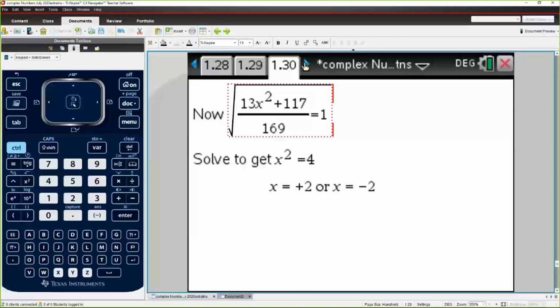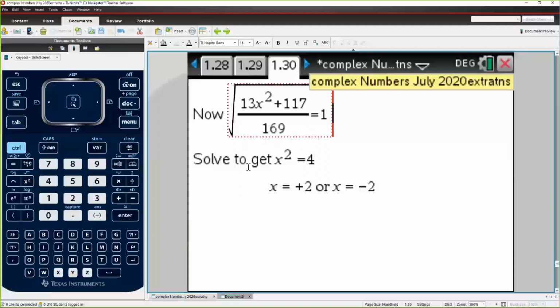I'll just work it through by hand. I skipped a few steps there, but you would be able to square both sides. So you get 13x squared plus 117 over that is equal to 1 still, because 1 squared is 1. Simplify that, and we get down to x squared is equal to 4, which gives us x equals plus or minus 2. So there's our solution.